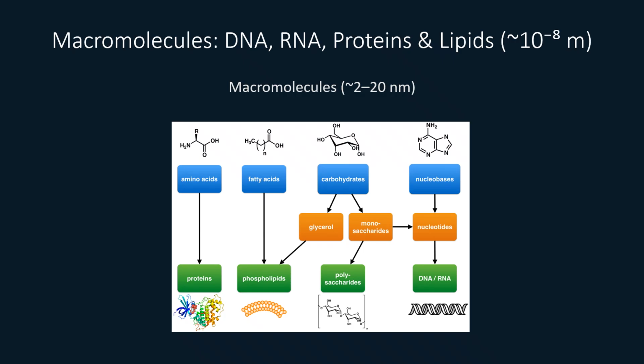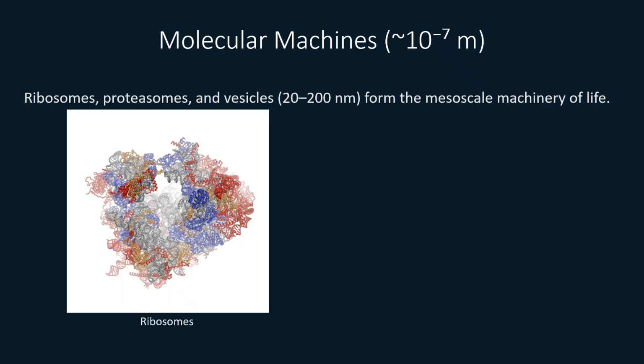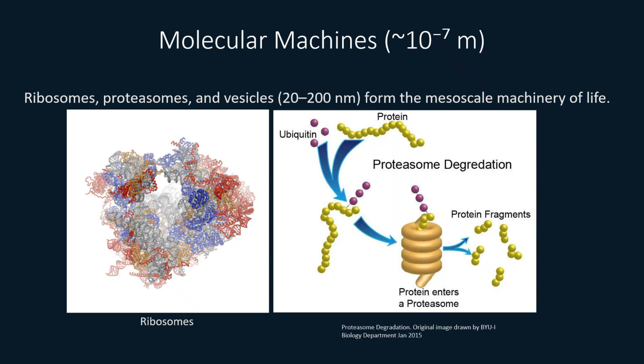Now let's check the next layer, molecular machines. Molecular machines like ribosomes and proteasomes sit at tens of nanometers scale. The ribosome is about 20 nanometers, made of dozens of proteins plus RNA. The proteasome is another large complex that degrades damaged or unwanted proteins.